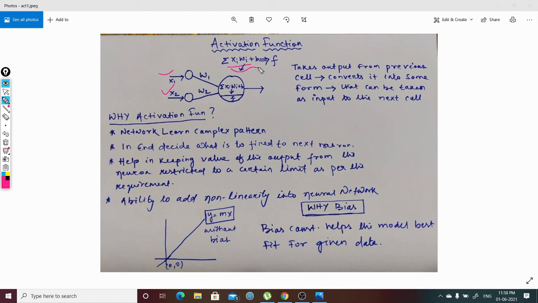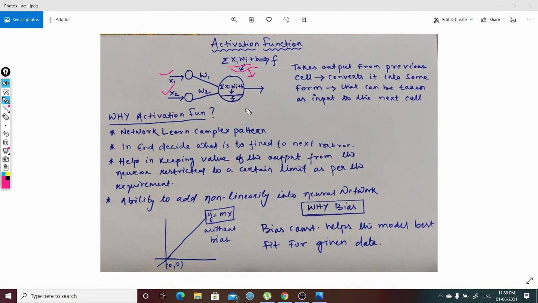To restrict this value, we pass this input to our activation function. So whenever these big values go to the activation function, it tries to restrict this large value to a certain limit.